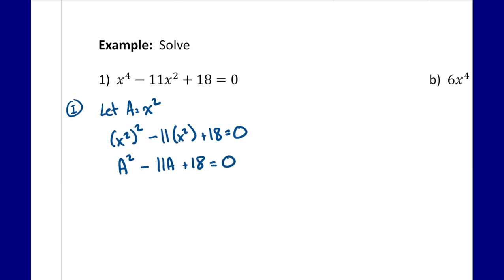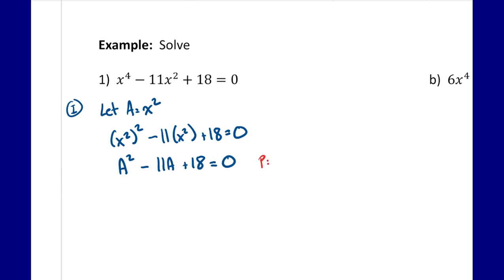Now this looks like a simple trinomial: a variable squared minus a term plus a constant. This looks very similar to x squared plus something x plus something. So I can factor this as a simple trinomial.